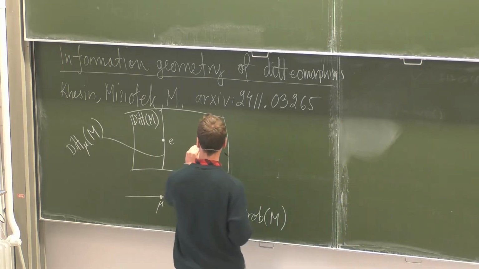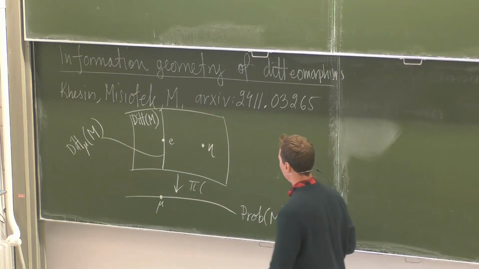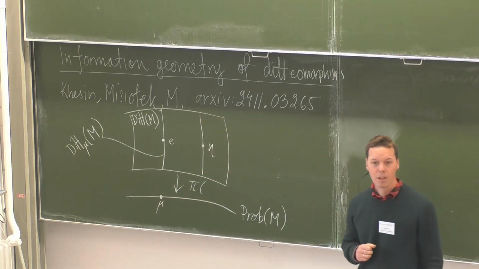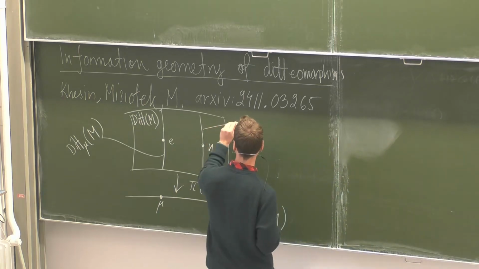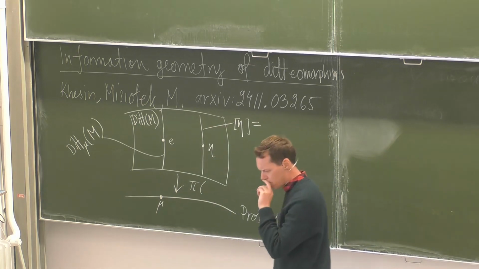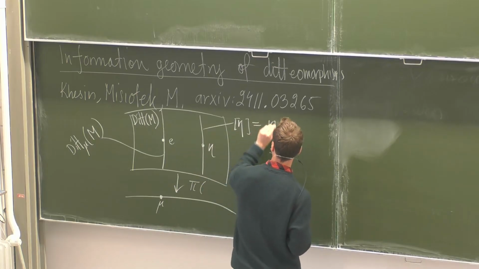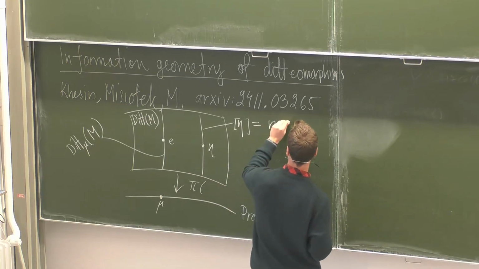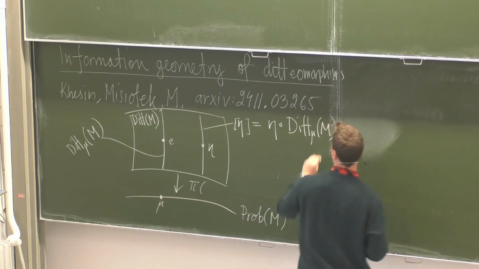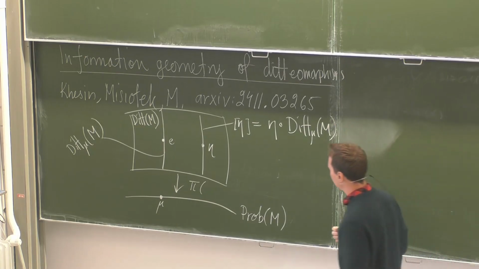If we take any other point here, so that will be a diffeomorphism eta, it's associated with some coset, a fiber of the principal bundle, and that coset of eta is going to be, since it's from the right, eta composed with the elements of Diff_mu.